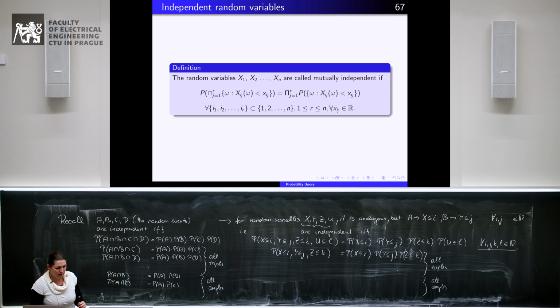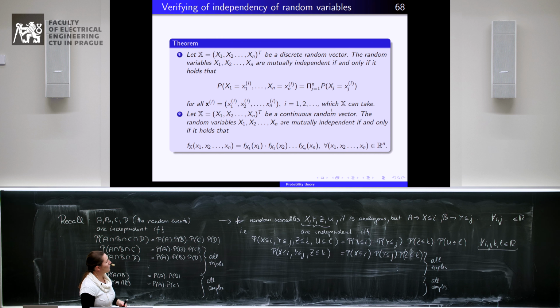But what is nice, what it means for us, it means that then the definition can be weaker. The following theorem, which in fact is also the instruction how we can verify the independence of random variables in practice, says that for random variables, the independence can be defined only by the first relationship.